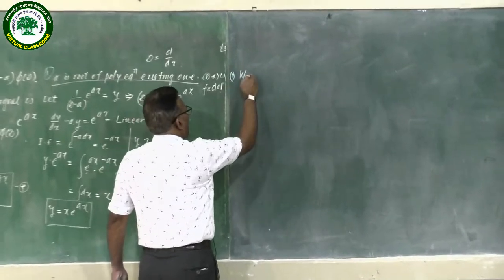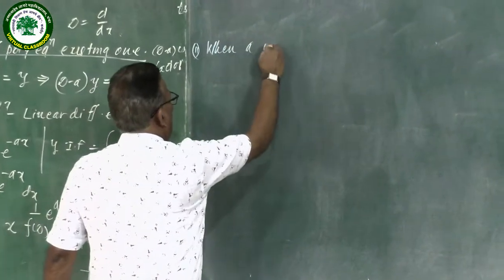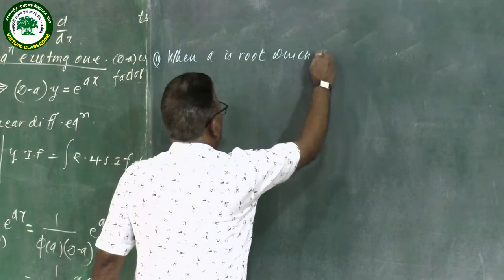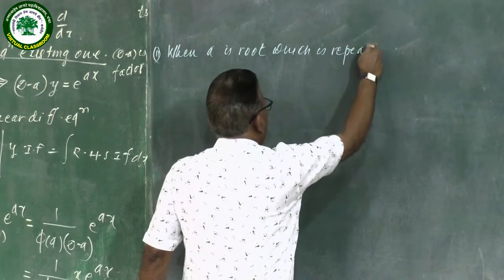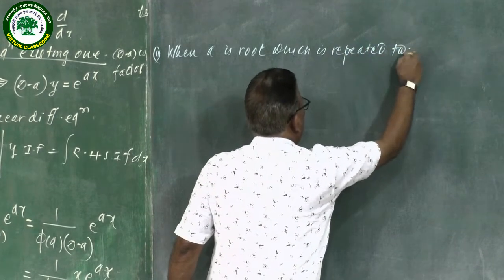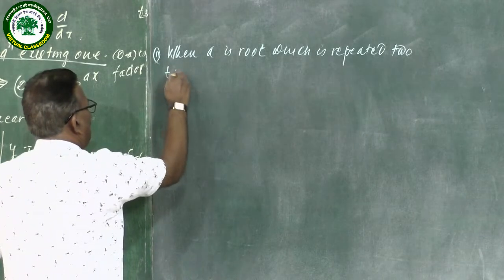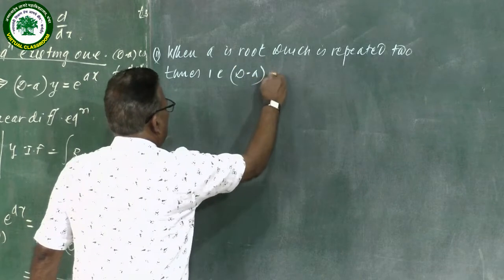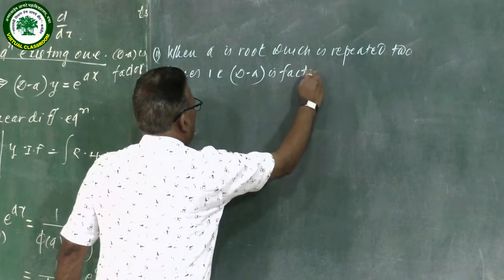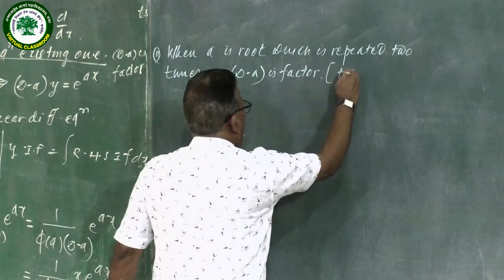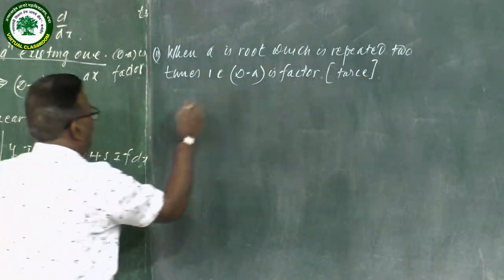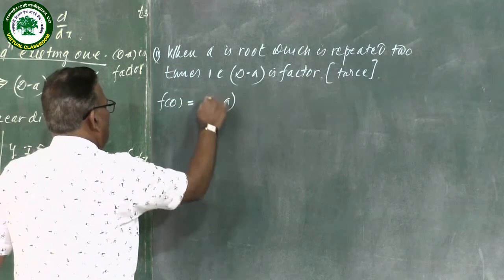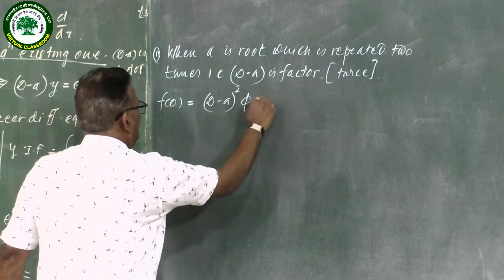Second case, when a is a root which is repeated 2 times, that is D − a is a factor twice, then f(D) will be converted to (D − a)² φ(D).